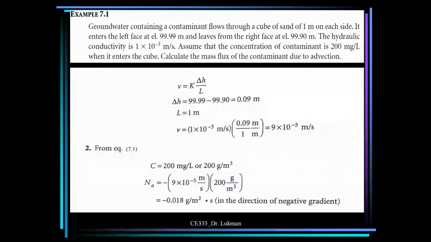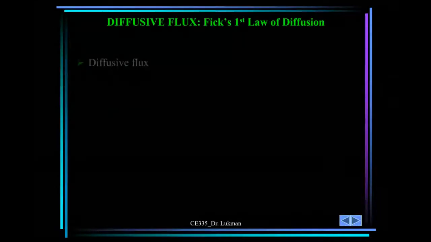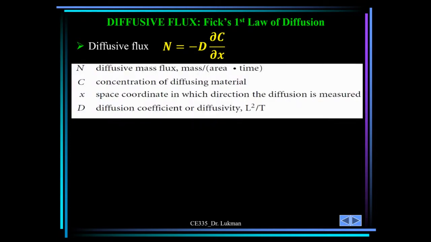I think we already did this for the advective flux. Look at this example. Now, for the diffusive flux, we use Fick's first law of diffusion, which states that the diffusive flux is equal to minus D times the concentration gradient, meaning that the flow is towards areas where the concentration is decreasing.